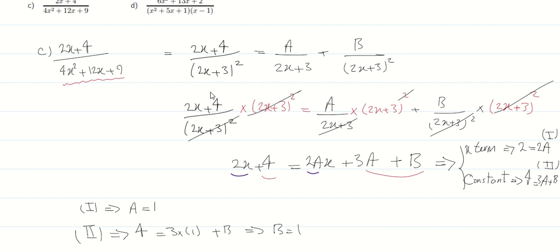Now we're just going to substitute the a and b values into our partial fractions. So our partial fraction would be 1 over 2x plus 3, plus 1 over 2x plus 3 squared.